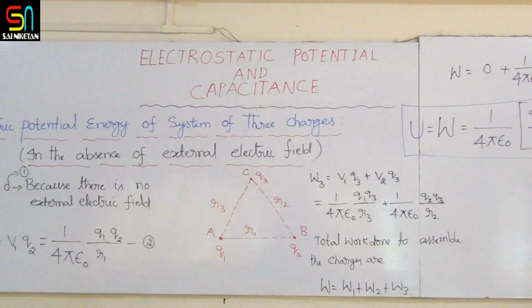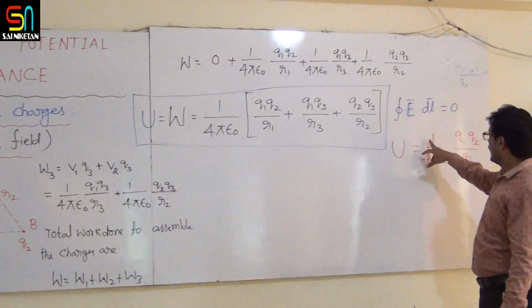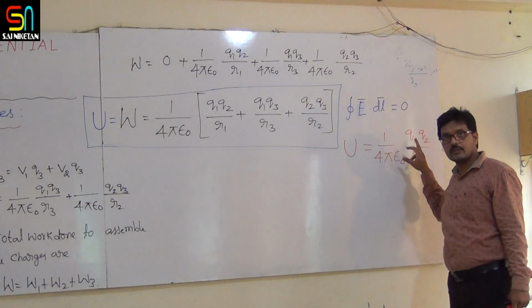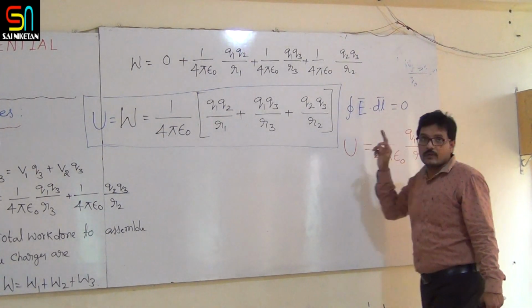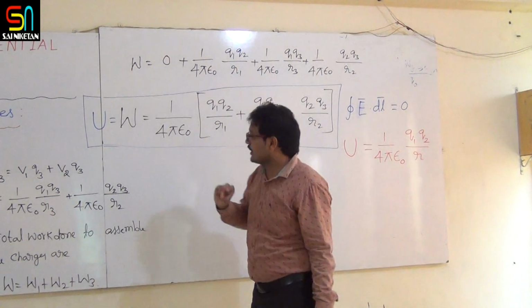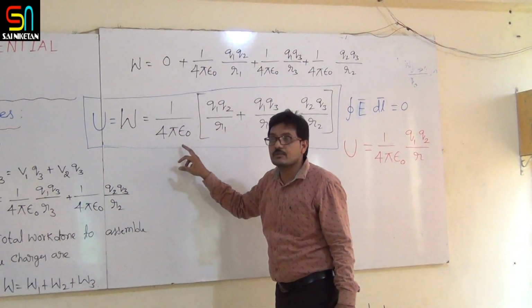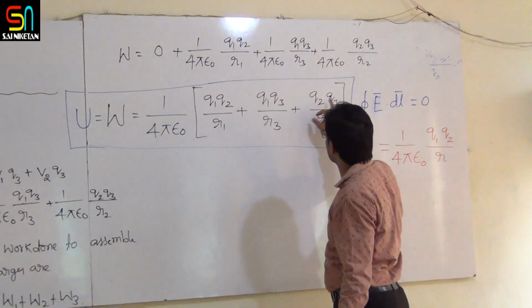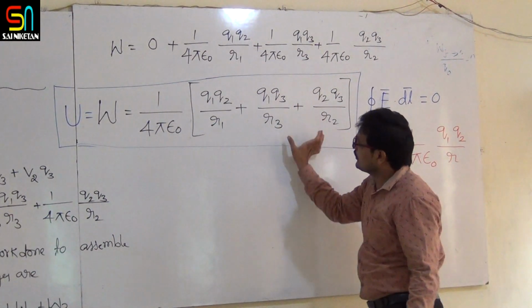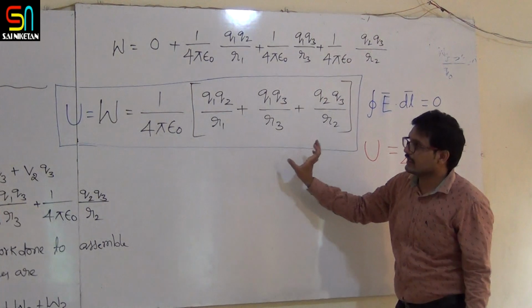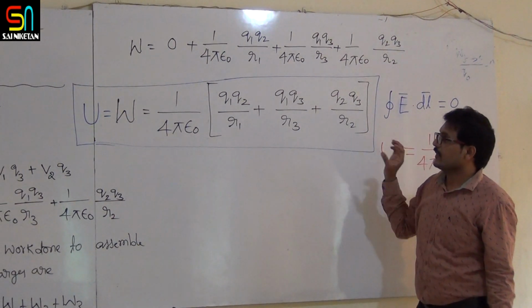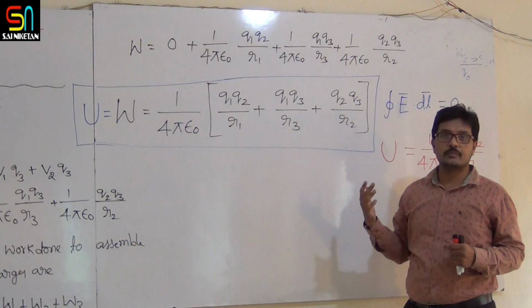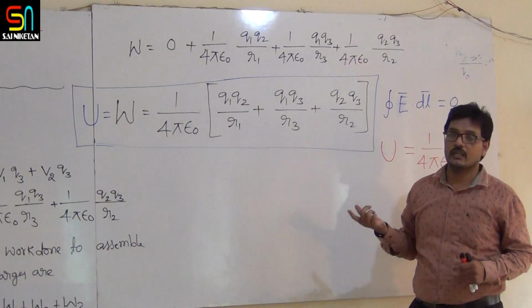And one more thing about the potential energy, if you observe clearly in the case of 2-point charges and 3-point charges. In the case of 2-point charges, we have 1 by 4 pi epsilon naught Q1 Q2 by R. For a system of 3 charges, 1 by 4 pi epsilon naught Q1 Q2 by R1, Q1 Q3 by R3, Q2 Q3 by R2. What do we observe as the difference between 3 charges and 2 charges? All the pairs should be there while finding the potential energy.